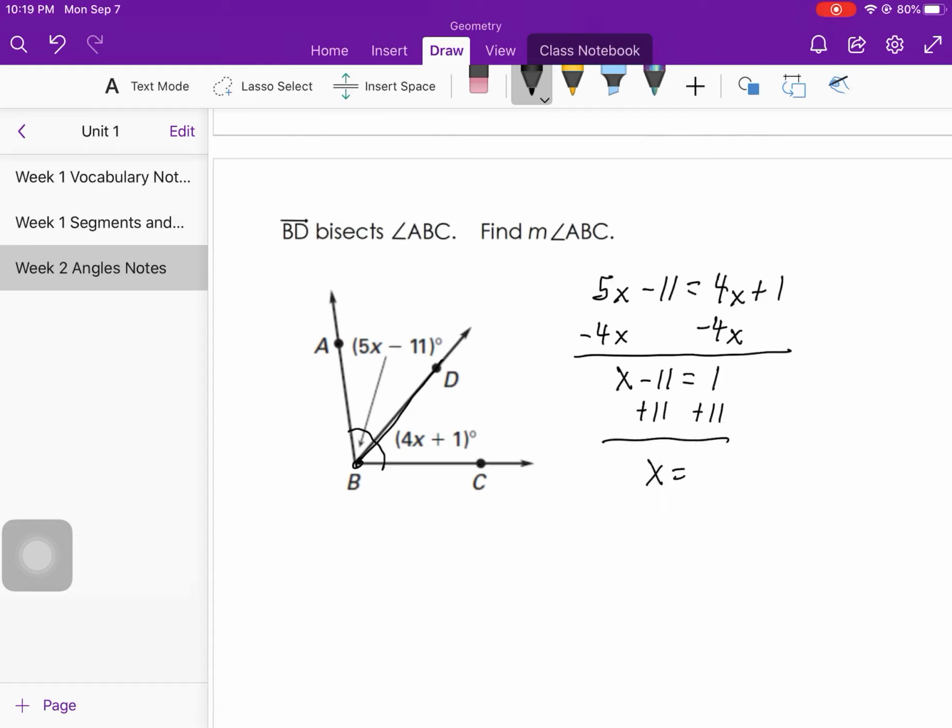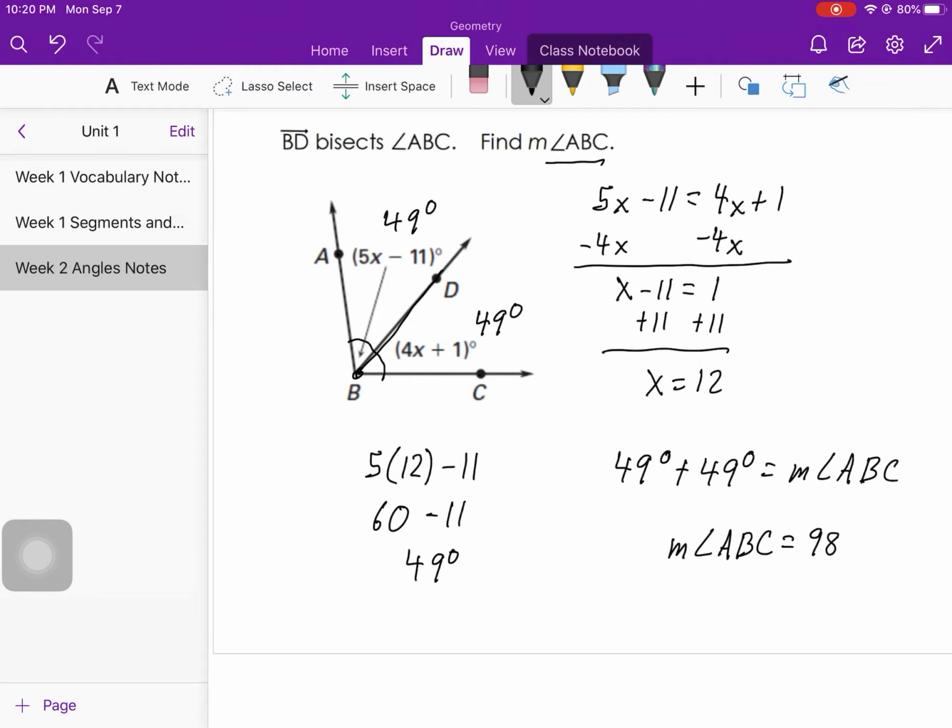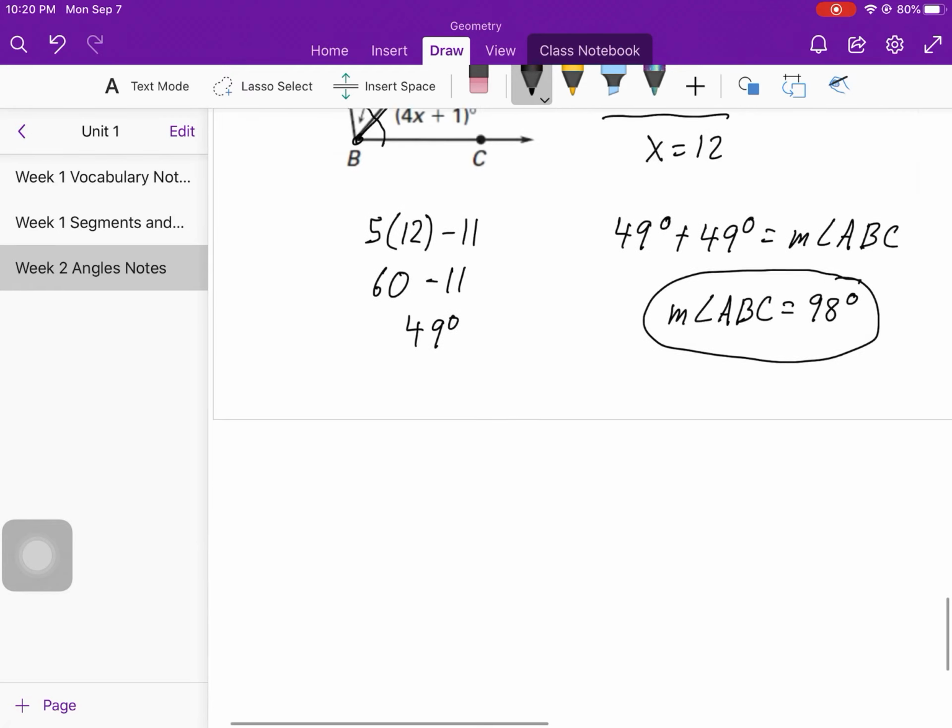And if ABD is 49 degrees, this one's also 49 degrees. And if you plug in 12, you'll see that it also works there. So 49 plus 49 is going to give us the measure of angle ABC, because it's the two small angles added together. So the measure of angle ABC is 98 degrees once we add those together.